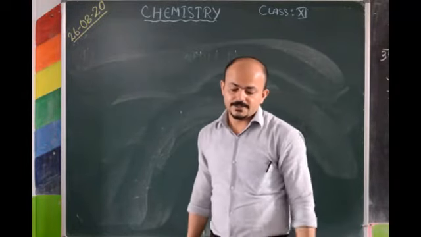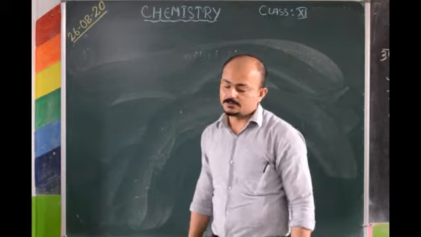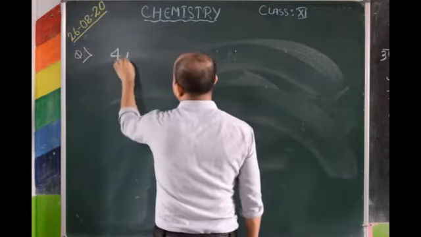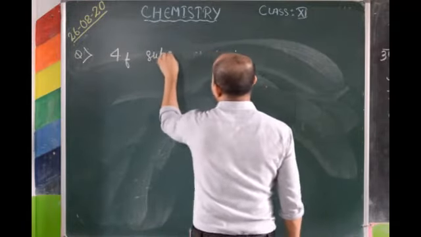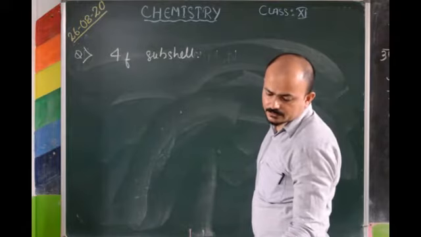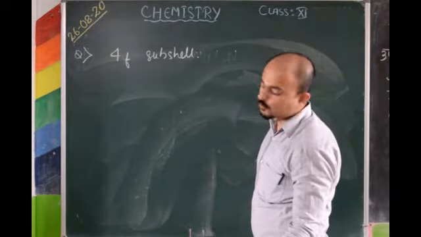An electron is present in the 4f subshell. What does the question ask us? Give the possible values of its 4 quantum numbers.